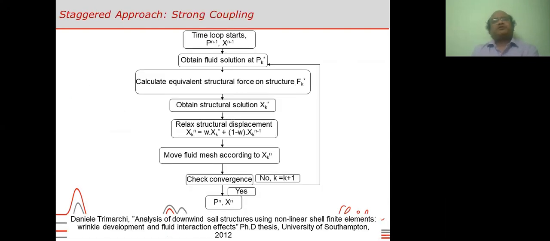An improvement upon this is a staggered approach with an implicit method, by multiple looping in the same time step. So we do one cycle, check, and get the solution. If that solution is not correct, repeat the same cycle using the new values or under-relaxed values. For example, after the structural simulation, structural displacement is obtained.